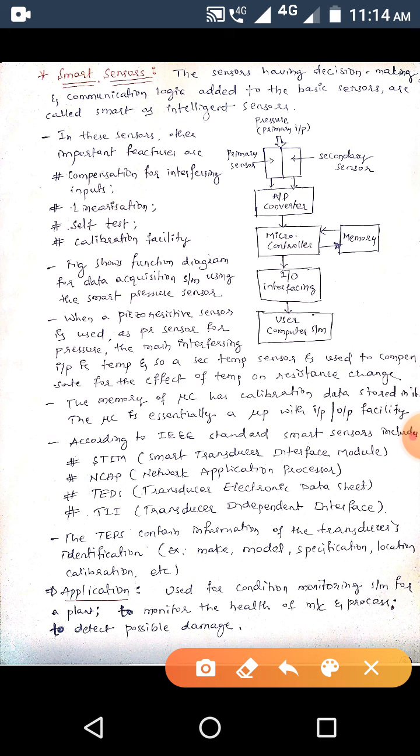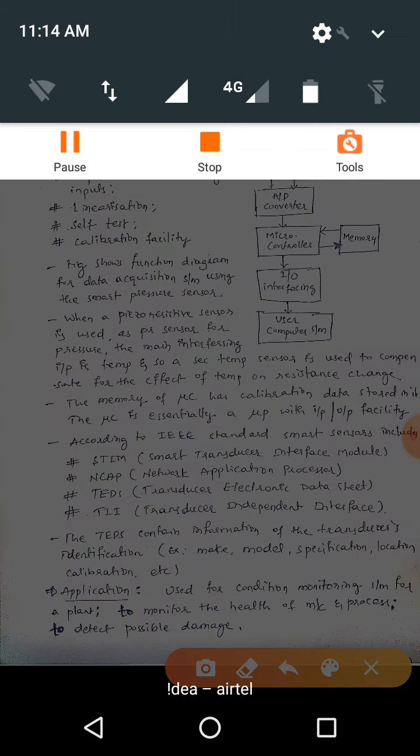Also, to monitor the health of the machine, whether the machine is perfectly alright or not, or whether any component in the system is damaged, that is going to be identified by the smart sensor, and the process also, and to detect possible damage. If any damage happens in the system, it is going to be identified by using the intelligent or smart sensors here.